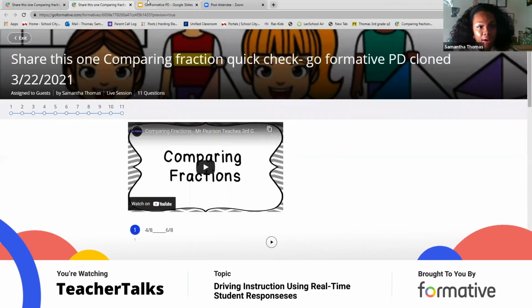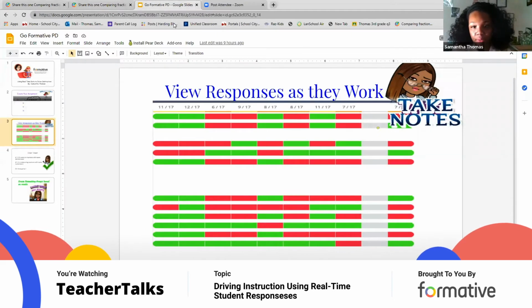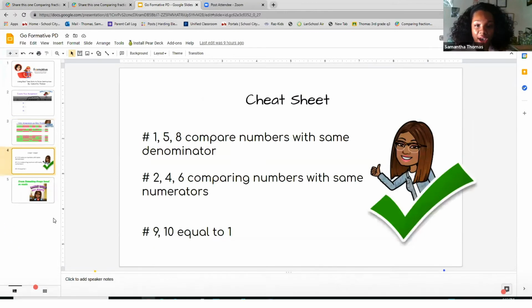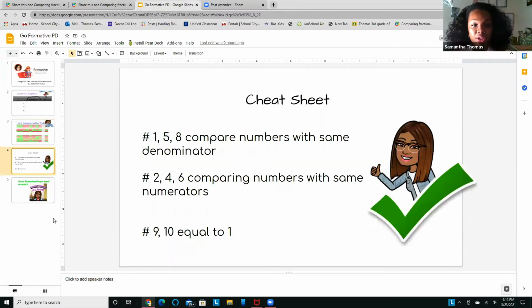So once I have collected my data, it will look something like this. I have my cheat sheet. So I know that students 1, 5, 8, who got 2 or 3 of these questions wrong, need to be in my group where I am going to reteach them how to compare denominators.